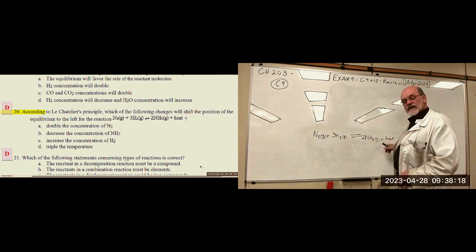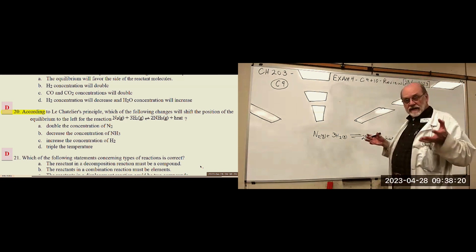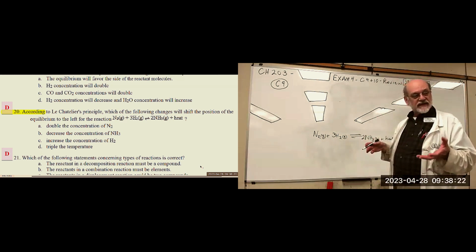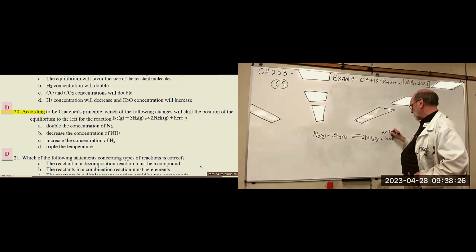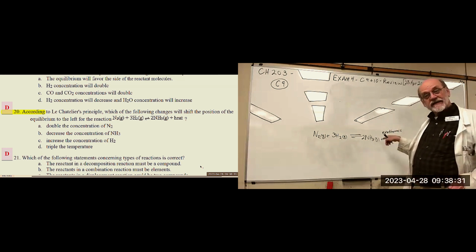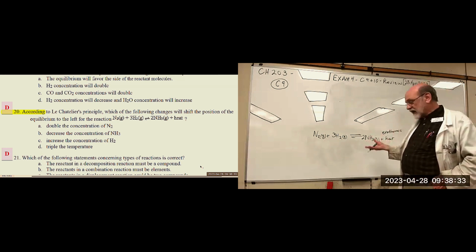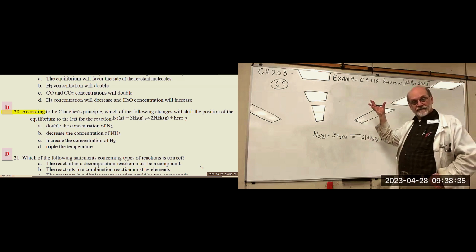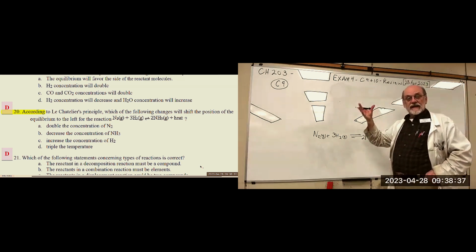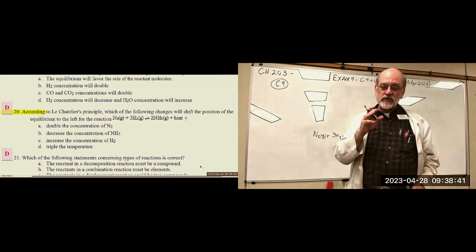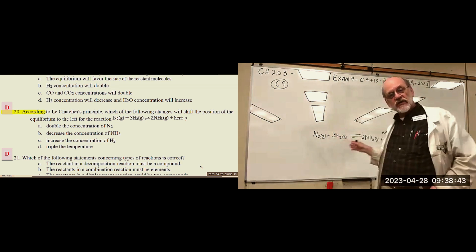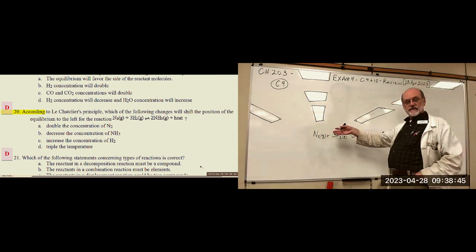when we put heat on this side, what does that mean in chemical terms? It means that this is exothermic. That is, heat is a product. This reaction gives off heat. All right. Now, which of these changes will shift the position of the equilibrium to the left for this reaction?